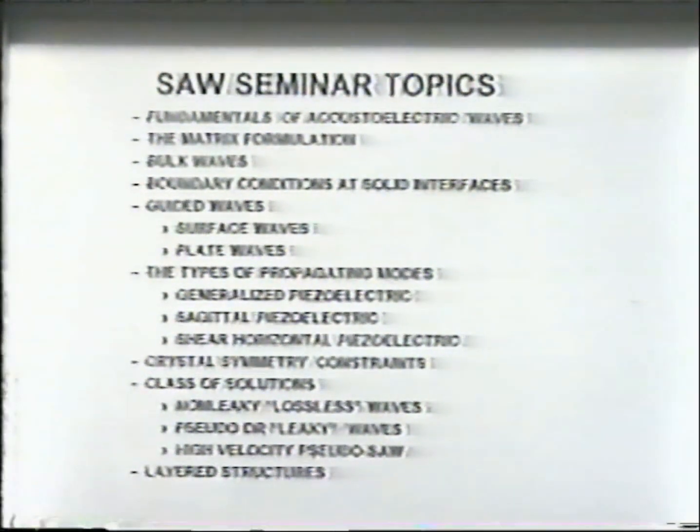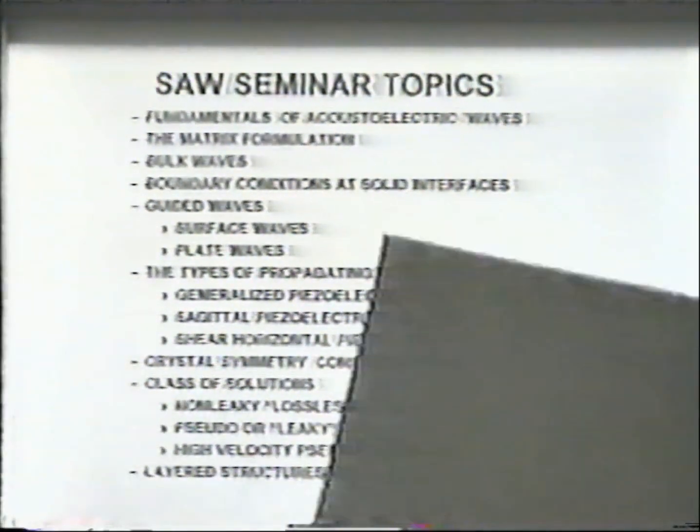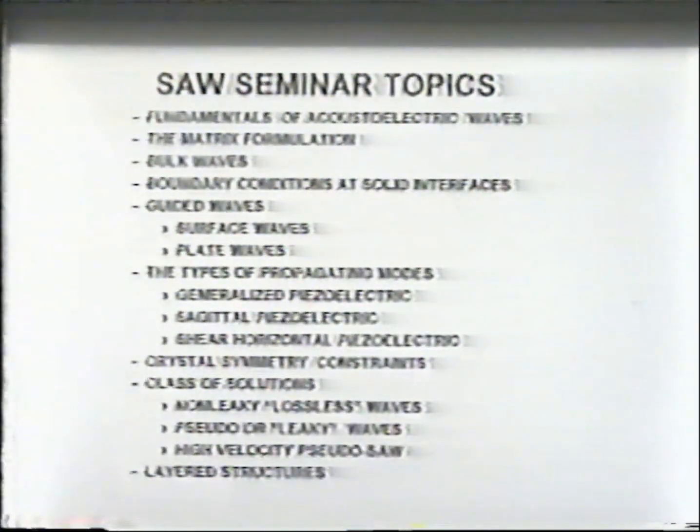Things, of course, get complicated when you have layers, and I will be spending some time talking about layers, and it is in the context of layers that I think the matrix formulation is the most powerful one, because if you use this method, then no matter how many layers you have, your boundary condition constraint is only determined by the uppermost layer, and so you never increase the dimensionality of the problem you're solving with respect to a surface wave or a multi-layered structure.